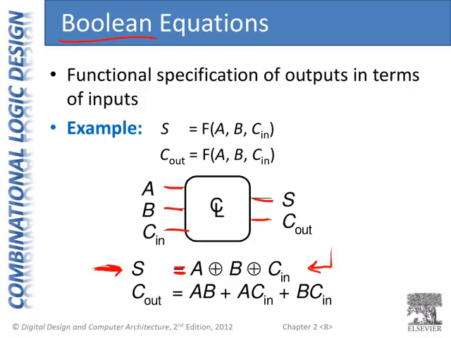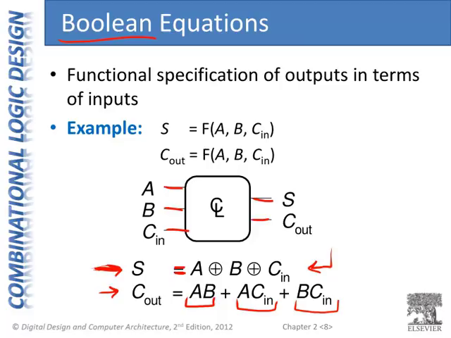So it's A XOR B XOR C in. The second output, C out, is also some function of A, B, and C in, and specifically it's A and B, or A and C in, or B and C in. So we can specify the function of our circuit in terms of these Boolean equations.